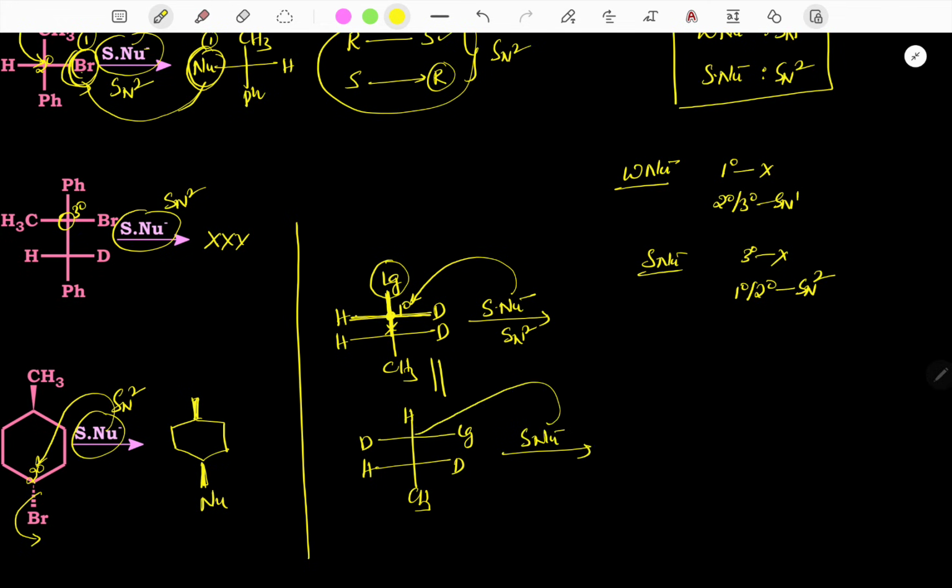The nucleophile attacks from the back side of the leaving group and the leaving group leaves. So the bottom carbon has the same configuration and at the upper carbon we have the nucleophile, hydrogen and deuterium. So whenever these kinds of molecules come, the leaving group should be in the horizontal position. Otherwise you can solve the question directly by using RS nomenclature as I discussed already.